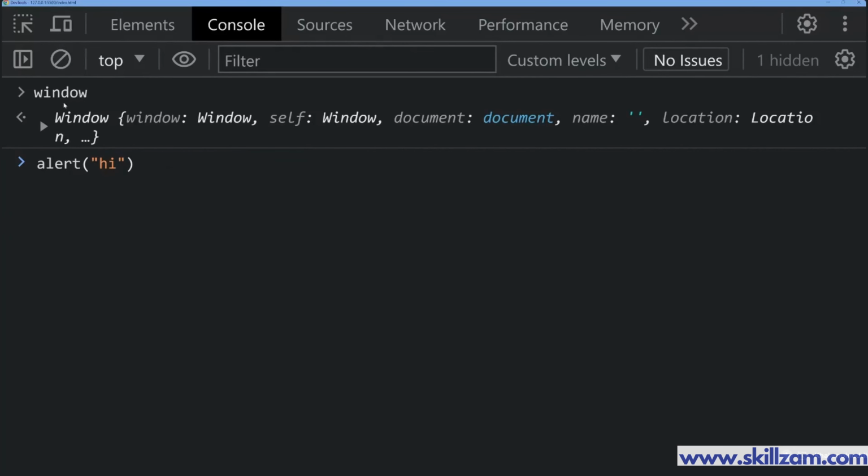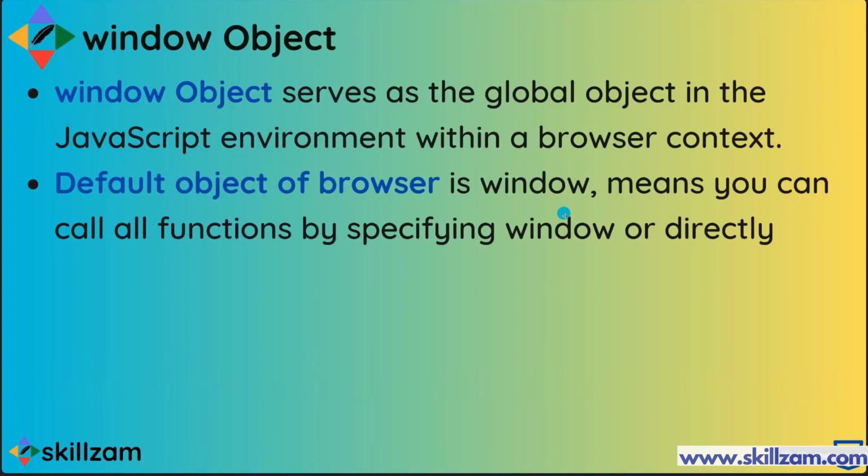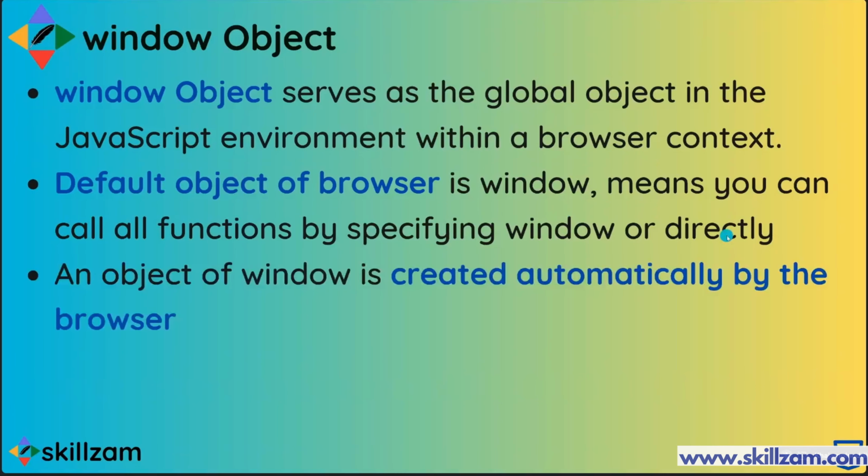That is the reason: because by default window is the default object of the browser, you can skip the window part and directly use it. And an object of the window is created automatically by the browser. So whenever the browser is opened, the window object is automatically created. Okay, it is by default. It is automatically generated.